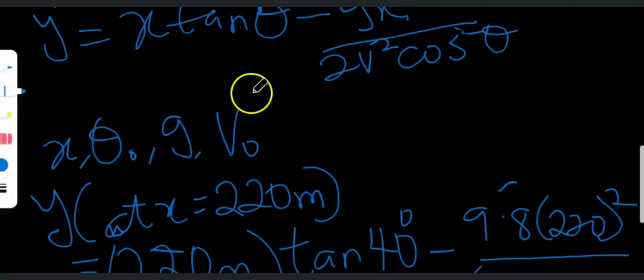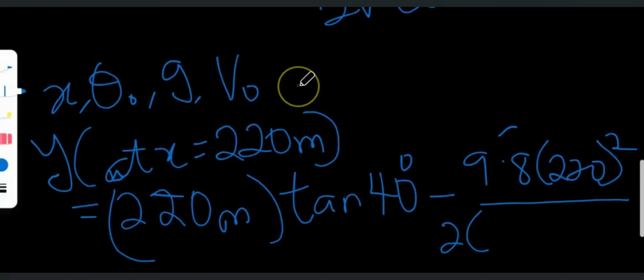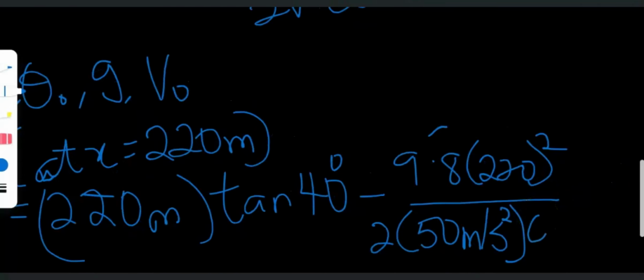So I'm substituting all of these values here. That is 50 cos squared 40 degrees.